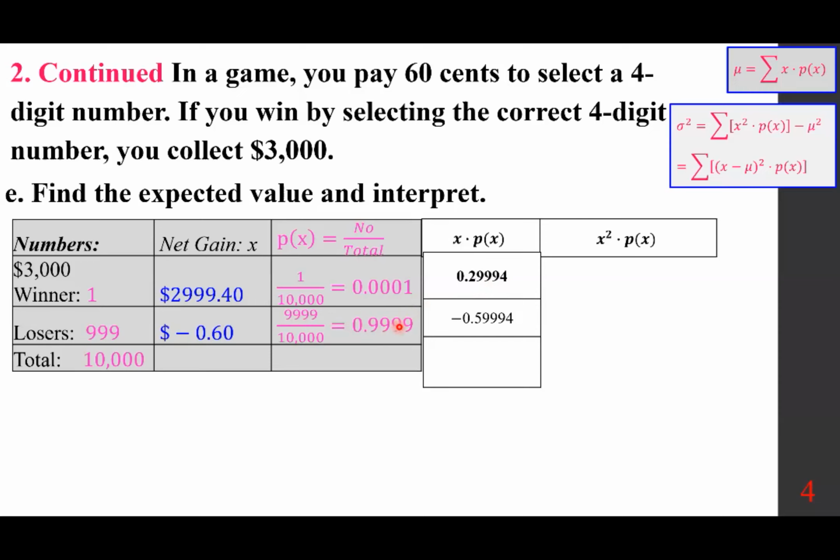When we multiply these two, we get negative 0.59994. Now, mu or summation of x p of x, add these two, gives us negative 0.3. The importance of that later on, we'll look at, which is the interpretation of that.